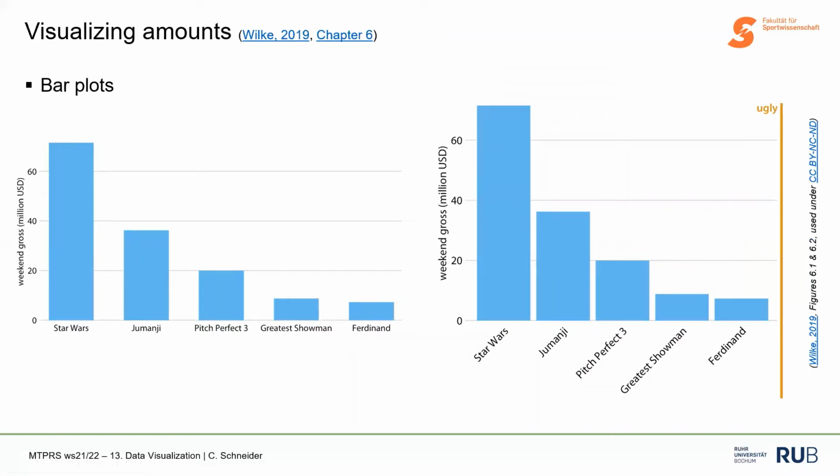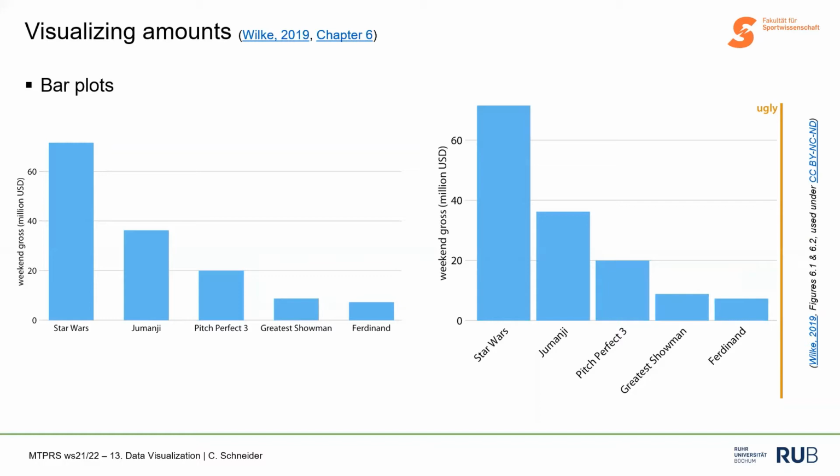let's take some time to look at these two different ways of visualizing amounts. So in this case, how much weekend gross was there for the different movies in the cinema. And on the right-hand side, you can see, for example, one probably more ugly choice, but of course, ugly is always a very subjective term.